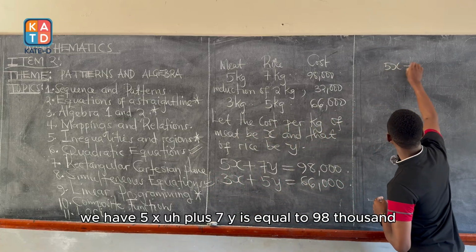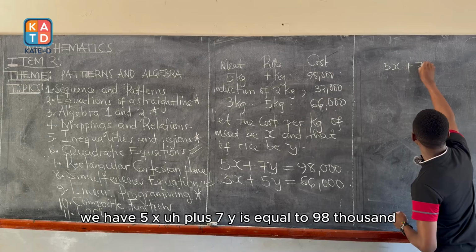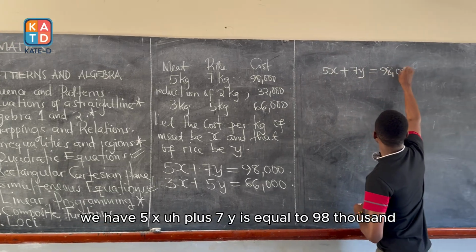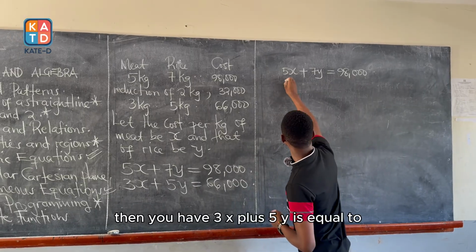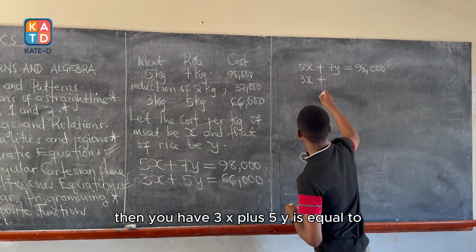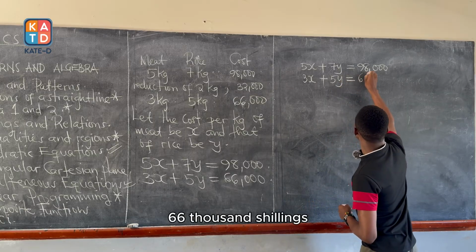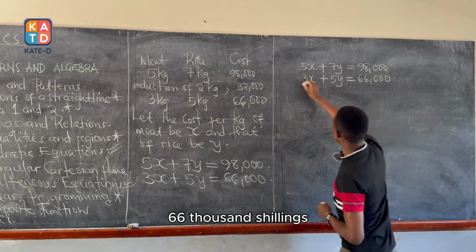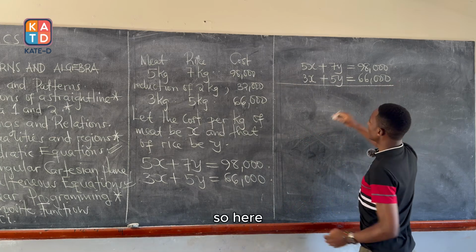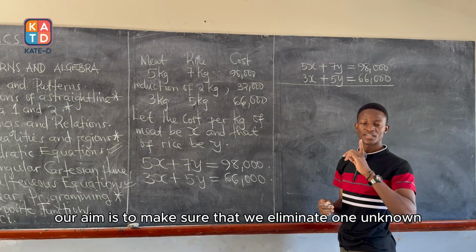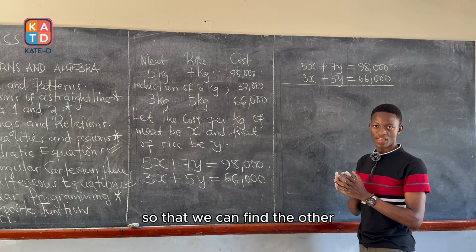We have 5x plus 7y is equal to 98,000. Then you have 3x plus 5y is equal to 66,000 shillings. So here, our aim is to make sure that we eliminate one unknown so that we can find the other.